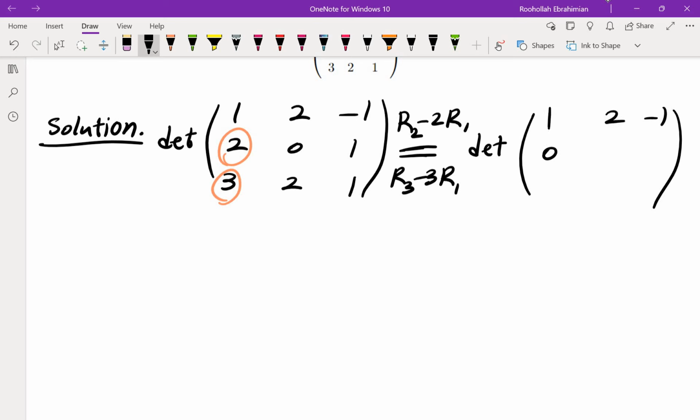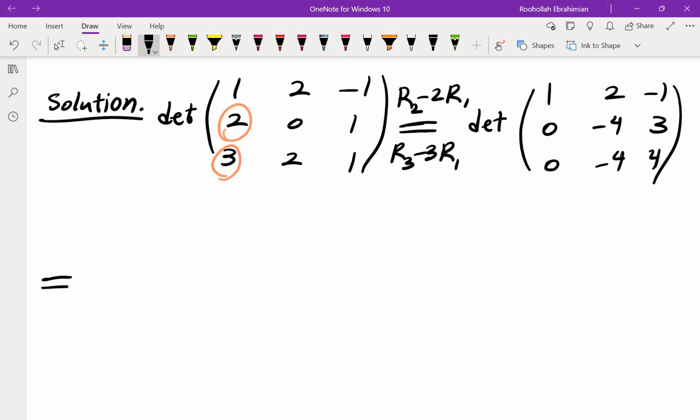This would be 0, minus 4, 3 here, 0, minus 4, 3, that gives you negative 6 plus 2, that's negative 4.